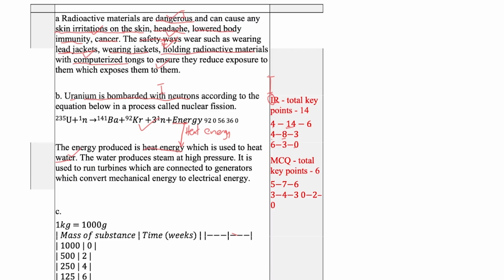The water produces steam at a high temperature, also under that mark. It is used to run turbines, which are connected to generators that convert mechanical energy to electrical energy. Okay.